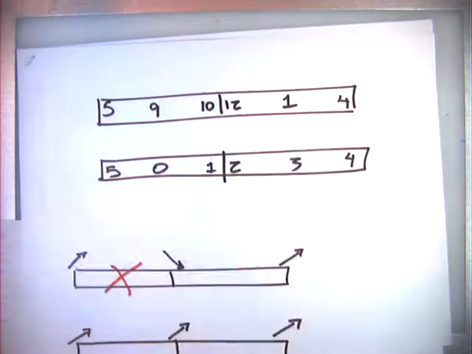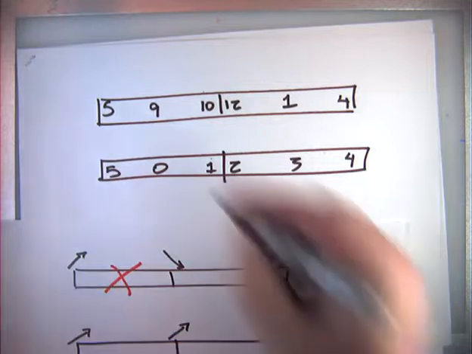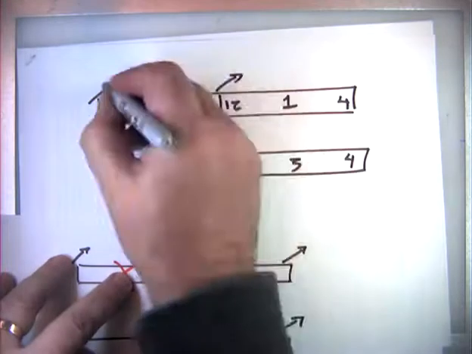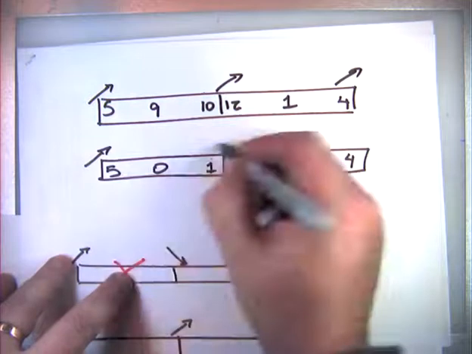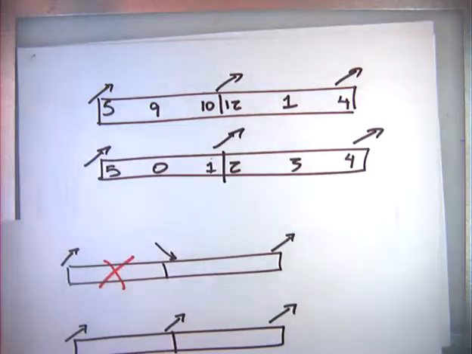In this case, the minimum element is on the left. But in both of these cases, you see up on the ends and up in the middle. In one, the minimum is on the left, and in the other one, the minimum is on the right. How do I distinguish between those 2 cases?